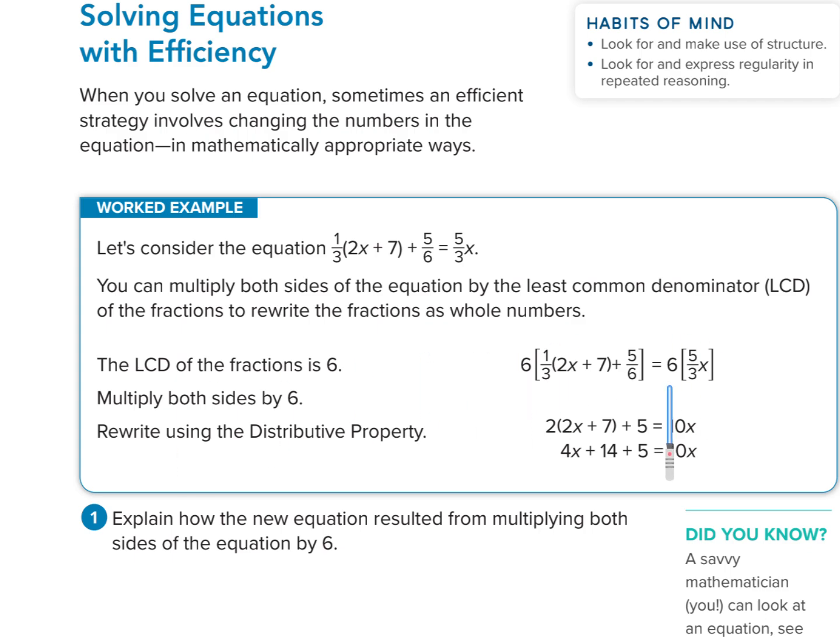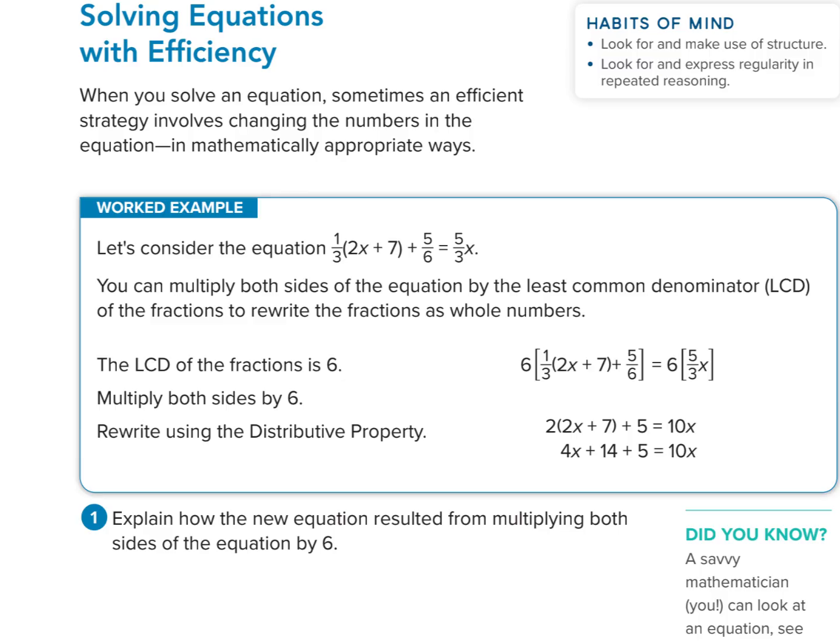So if we look, we have 3, we have 6, we have 3. Well, the smallest number that all three of these have in common would be 6. I can multiply 3 and 3 times 2 and 6 times 1 to get that common denominator of 6.